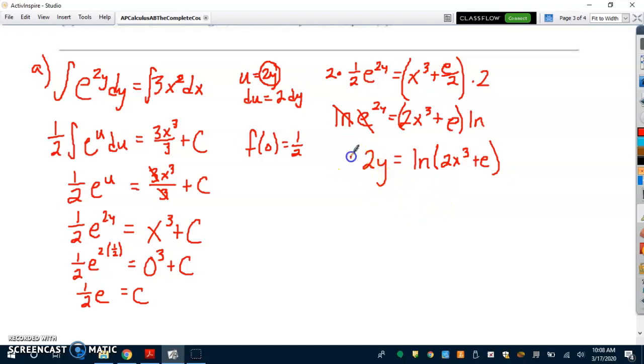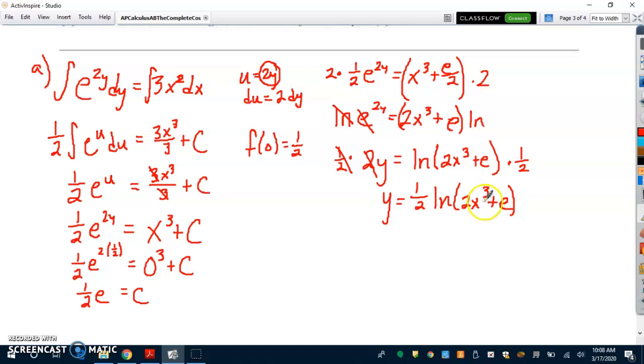In this case, I'll write it this way. I'm going to multiply both sides by 1/2 here. These cancel, and I have y equal to 1/2 natural log of 2x cubed plus e.